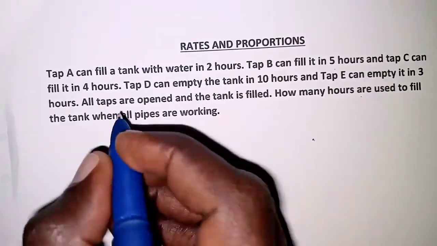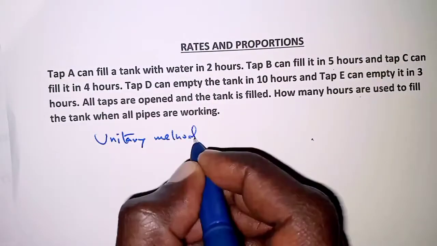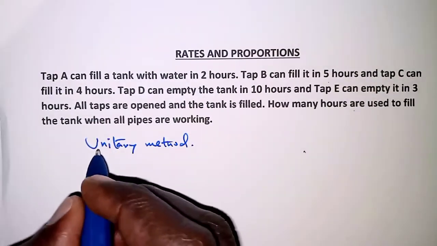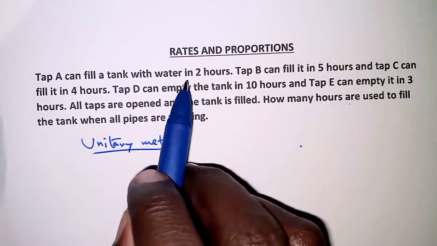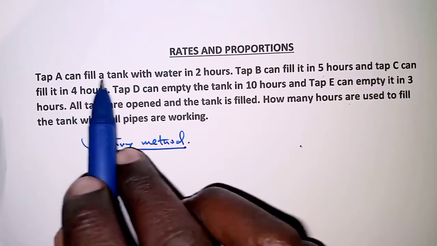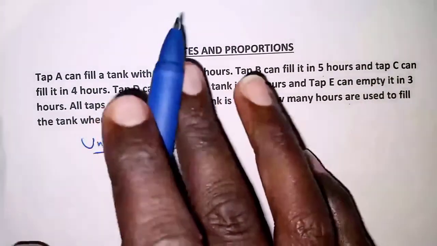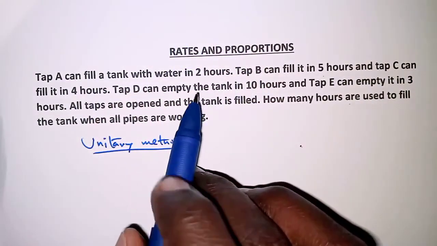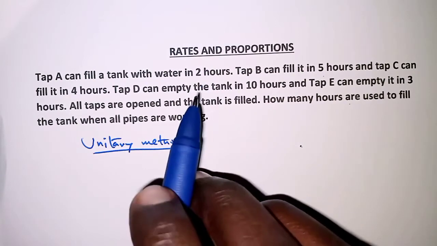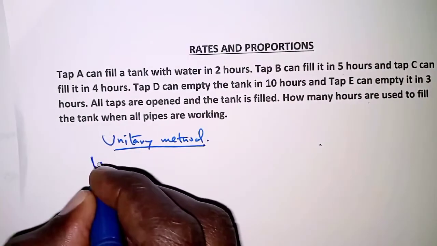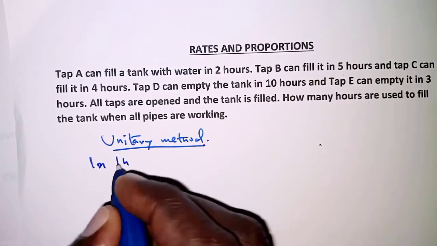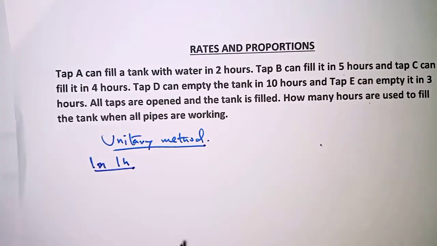So we are going to use the unitary method. In this method, we are going to consider this. Remember, Tap A alone takes 2 hours to fill the whole tank. How about in 1 hour? So we'll consider 1 hour for all of them.